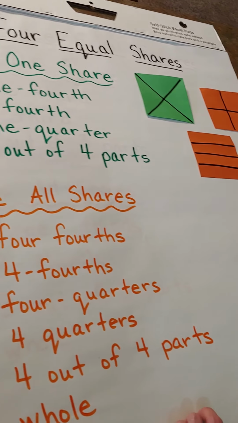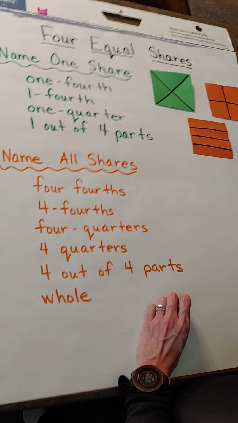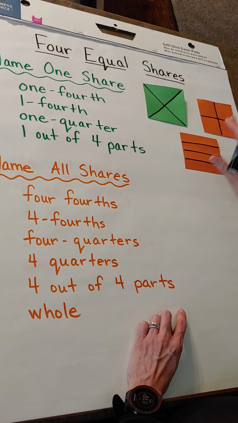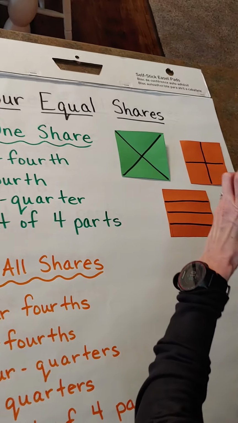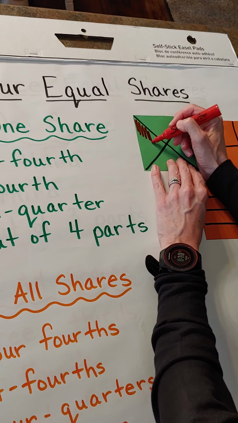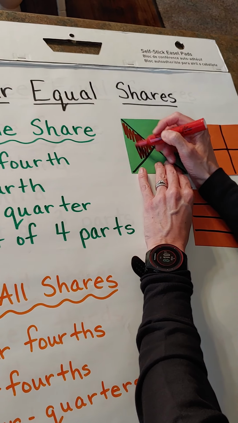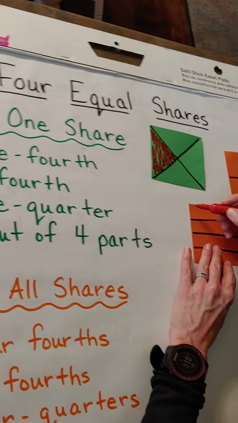Now, if I just wanted to show how much one share would be out of their 4 parts, I could shade that in, and I'm going to use my red. This would be 1 out of 4.